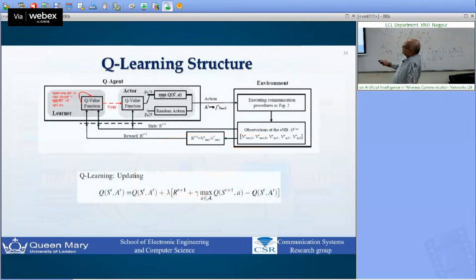So here is how the Q value function is updated. Once you get the reward, the reward is fed back to the Q value function calculation. Then the Q value, this is the old value, is updated to this new value based on this reward.